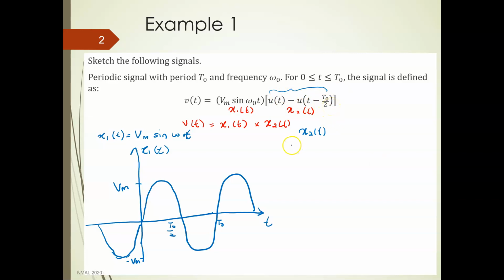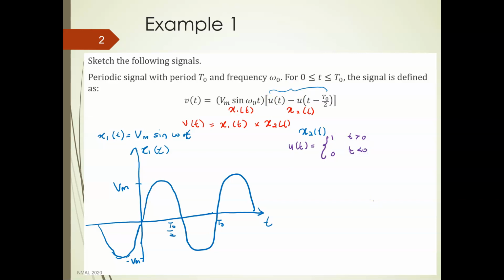Remember the steps to plot the addition of unit step functions. First, ut is equal to 1 when t is bigger than 0. It's equal to 0 when t is less than 0.